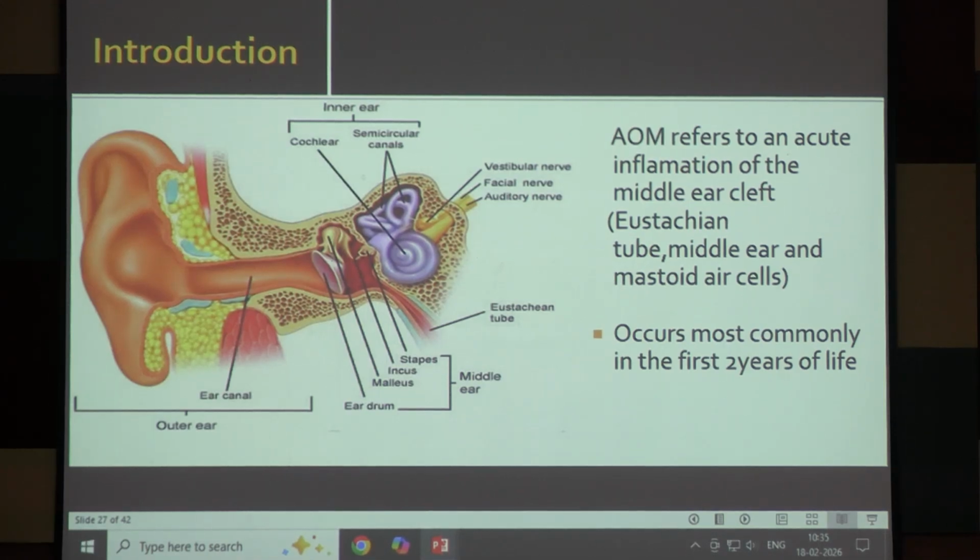It most commonly occurs before the first 2 years of life. Risk factors include bottle feeding or pacifier use, overcrowding and poor socioeconomic factors, malnutrition, passive smoking in the family or surroundings, and daycare center attendance, because in daycare centers many children are together, so a few of them may have infection.